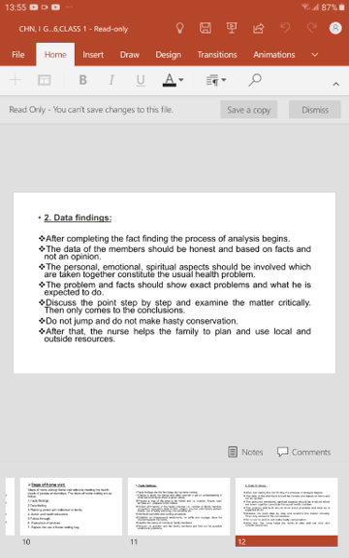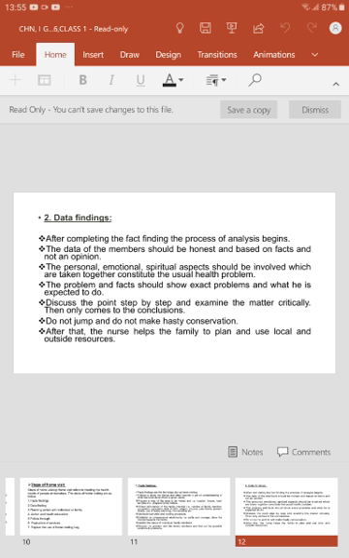Then the problem and facts should show the exact problem and what is expected to be done. If you know the exact problem, only then can we plan the nursing care services for the problem, and after planning we can implement the nursing care services, evaluate, and make it a positive evaluation.